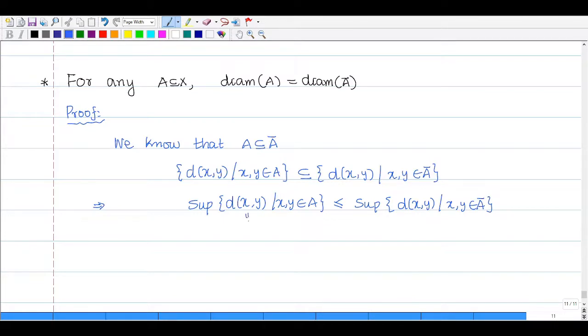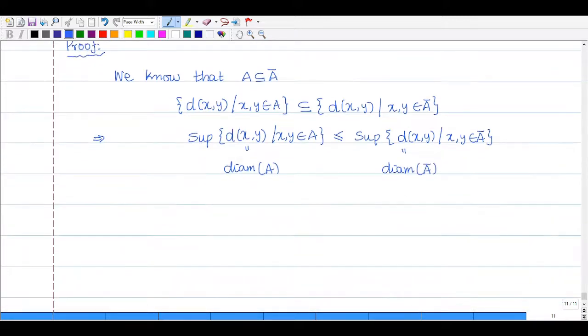This is equal to diameter of A, and this fellow is equal to diameter of A closure. Okay, hence in the ஒரு way எப்படி proof பண்ணிட்டோம் therefore this implies that diameter of capital A which is less than or equal to diameter of A closure. இது ஒரு way அழகா proof பண்ணியாச்சு.